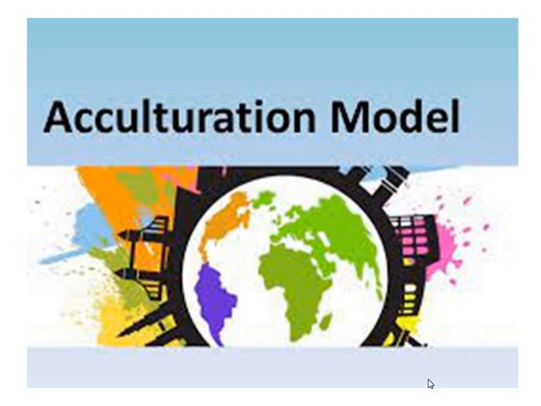This model is called the acculturation model. That means people from one country will be visiting another country for various purposes. So when they go to a new country, they will not see only new faces. They will see many new things.